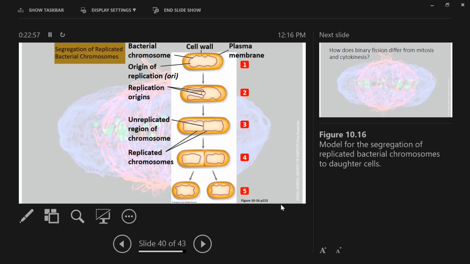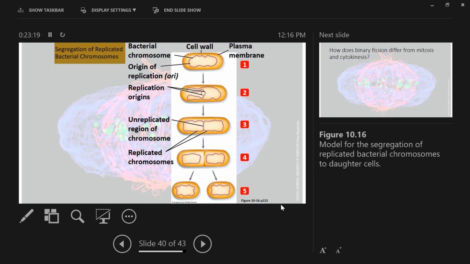Yes, but plant cells do that as well. They form that plate as they go through mitosis. Plant cells also don't have centrosomes like animal cells do. So how would this process evolve into... That's an excellent question. We'll talk about that in just a second.